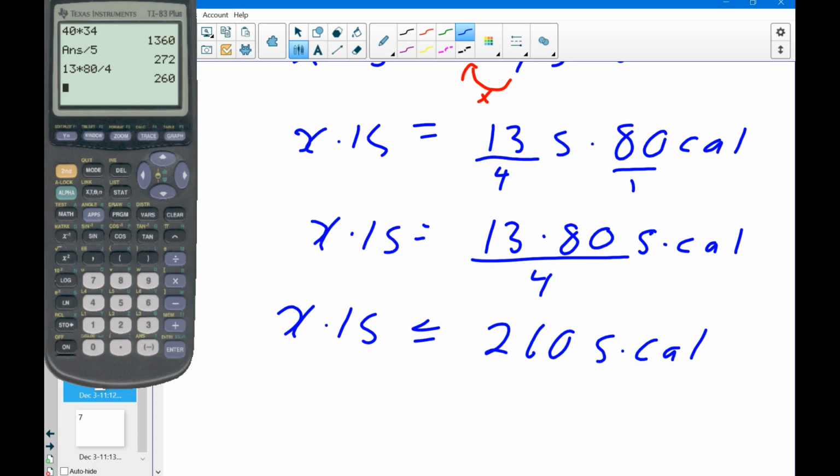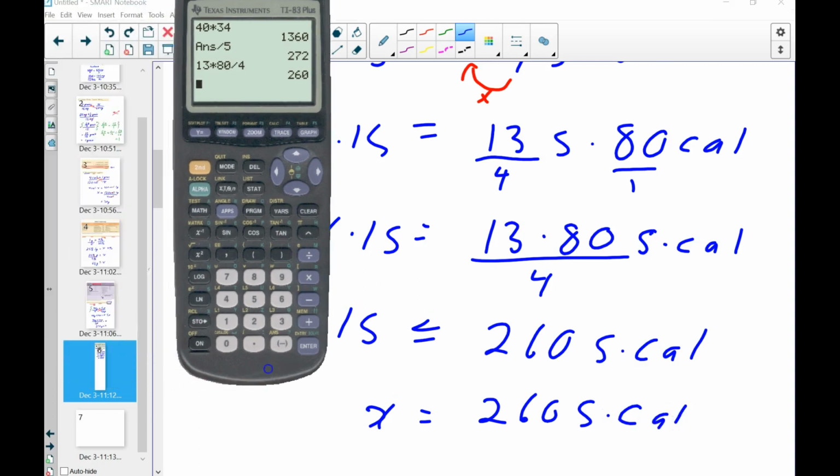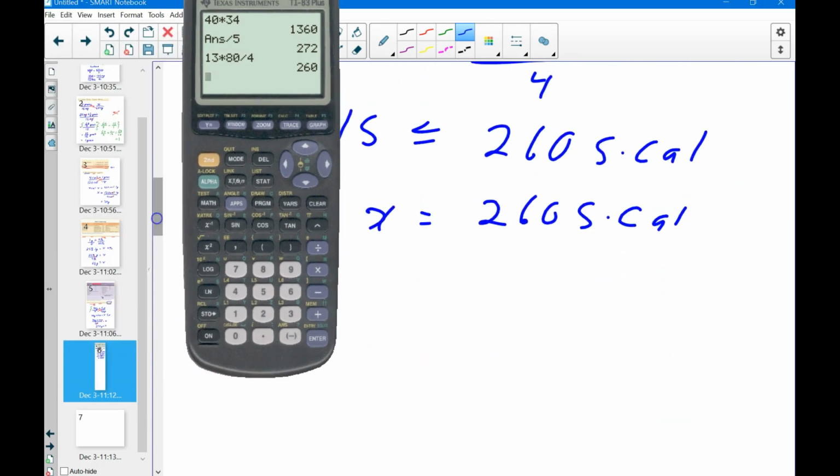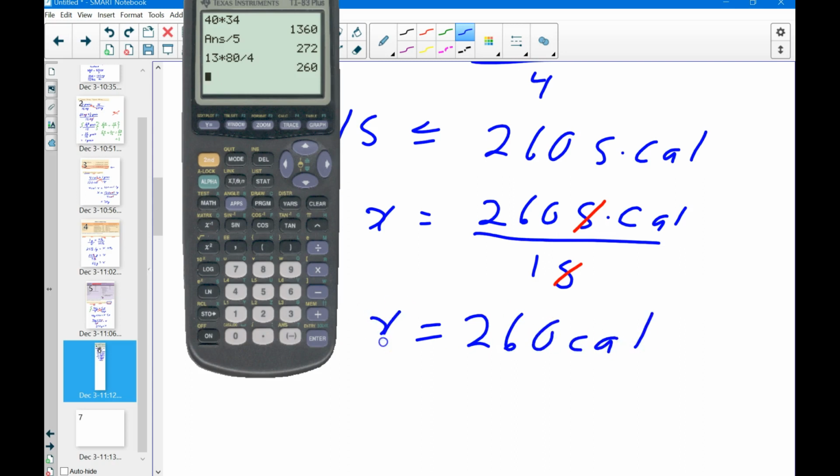Once we divide that and get our x by itself, it's going to be x equals 260 servings calories divided by 1 serving. I'm just doing this to show you how to use the units. And you can see how the servings now cancel. And we are left with 260 calories for our x, and that's what we want to find.